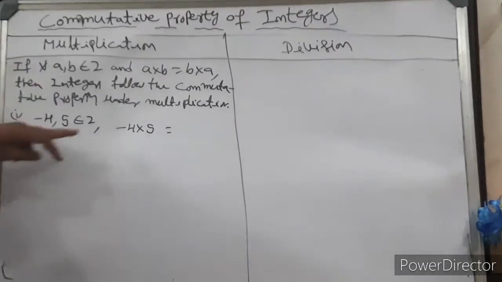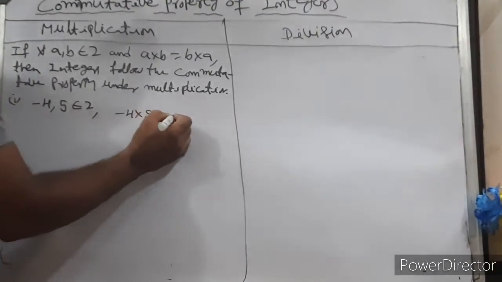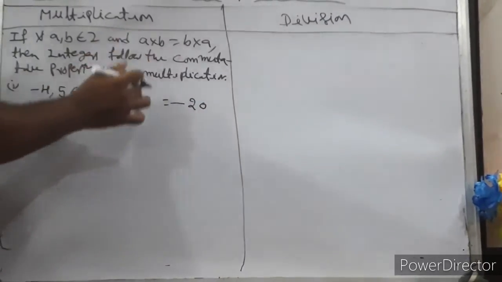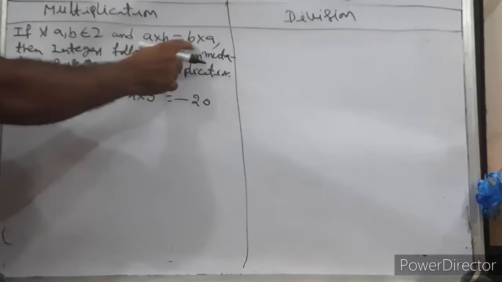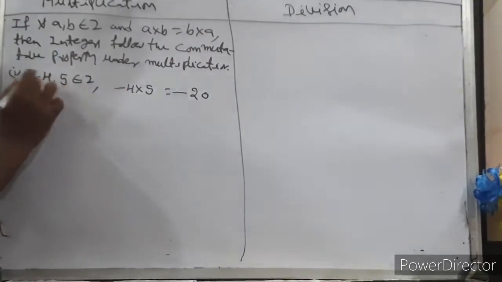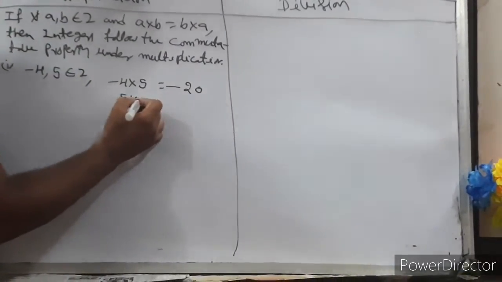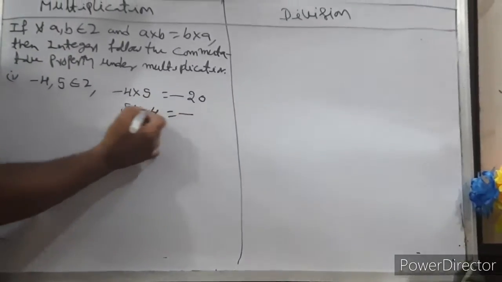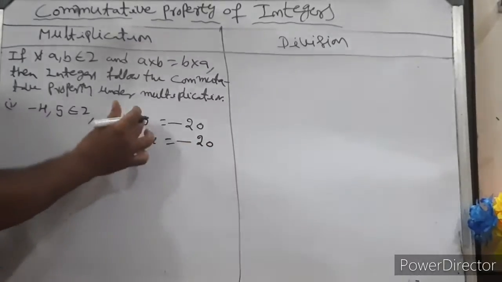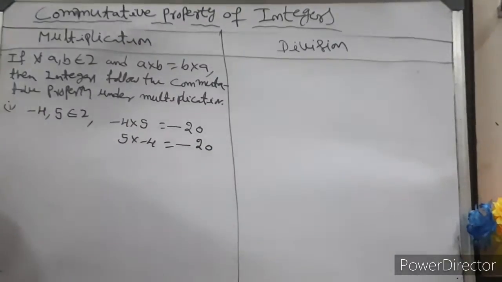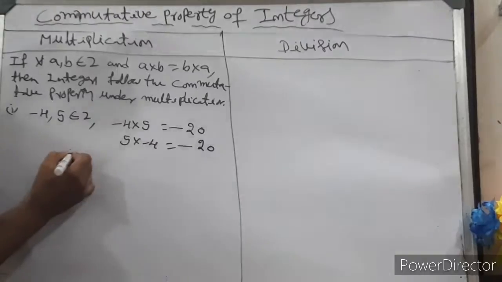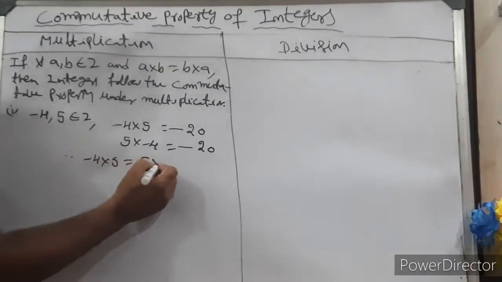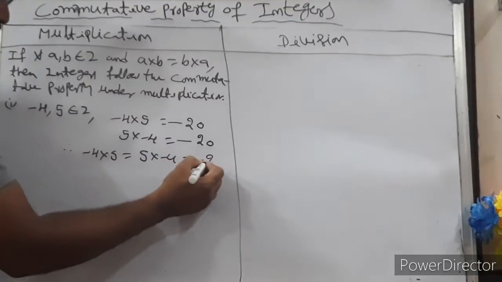In multiplication, minus into plus is minus, 4 fives are 20. Now B into A means 5 into minus 4. Here also plus into minus is minus, 5 fours are 20. Are they equal? They are equal. That means minus 4 into 5 is equal to 5 into minus 4, which is equal to minus 20.